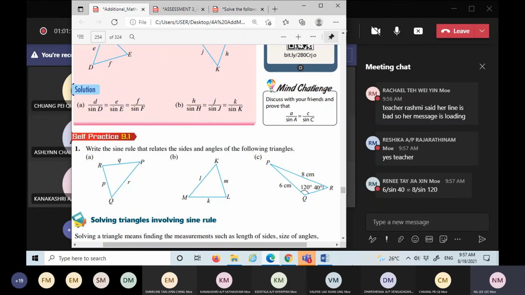For 1C, Rainy's answer is 6 over sine 40 is equal to 8 over sine 120. Correct. Rashika, you do 1B.